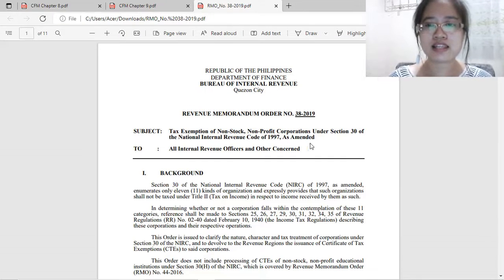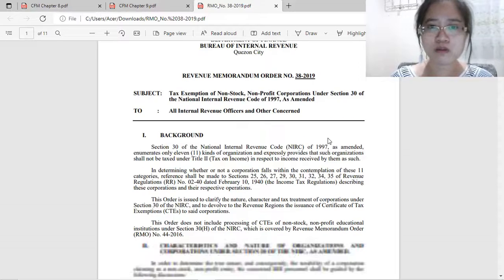So essentially, churches cannot be registered as stock corporations, because stock sometimes connotes the provision of dividends or profit. So churches can only be registered as non-stock and non-profit corporations.